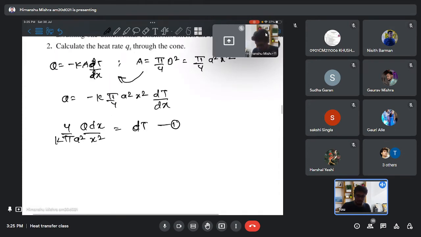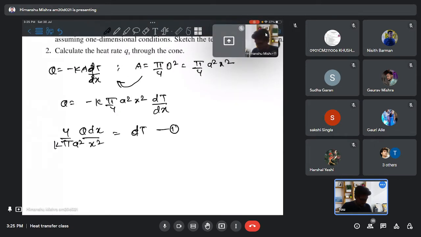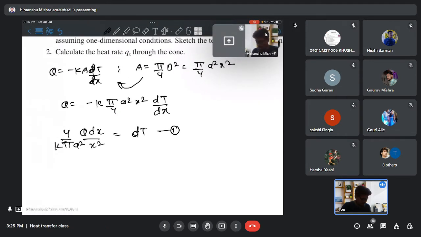Now I need to integrate this equation. What I have is a conical slab, let's say this. From x1 there will be some heat transfer. So I define some small element here, and I am integrating as I am moving towards T2 or towards x2.